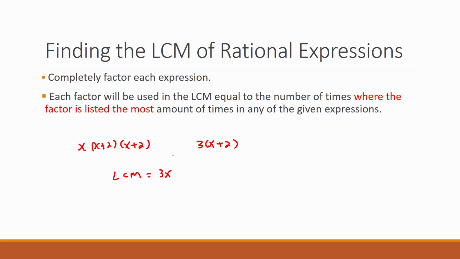And then we see that x plus 2 is listed in each one of my expressions. However, in the first expression, it is listed 2 times. Therefore, in my least common multiple, it will be listed 2 times. So wherever a factor is listed the most amount of times is how many times it will be used to find your least common multiple.